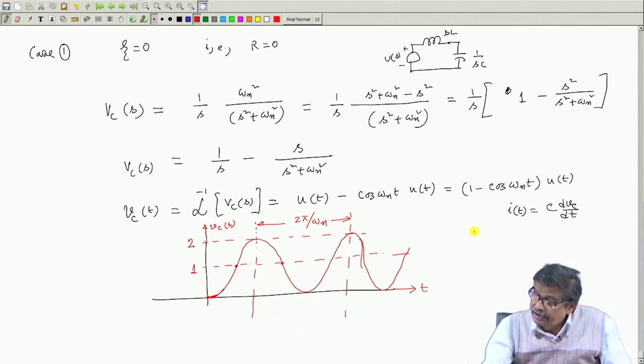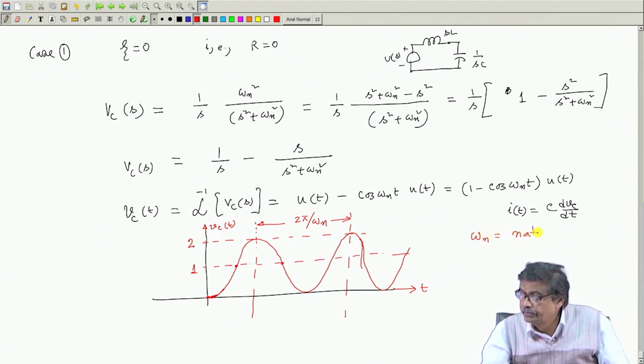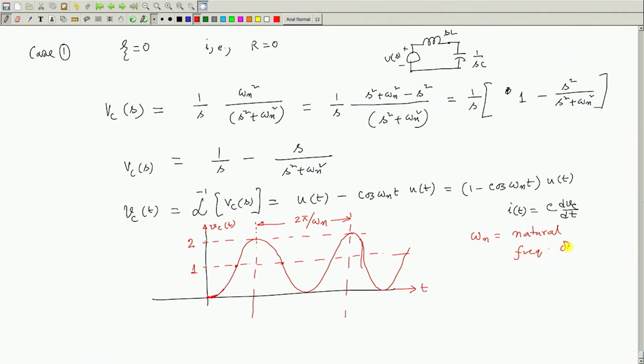So, this omega n is called the natural frequency of oscillation. And for obvious reasons, there is no exponentially decaying term multiplied with cosine omega t, this will be sustained oscillations. Energy transfer will take place between capacitor and inductor as well as with the supply.